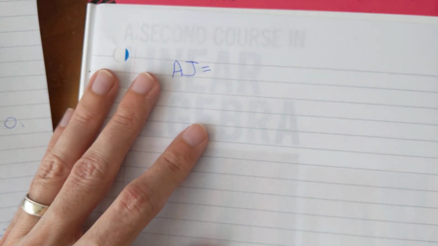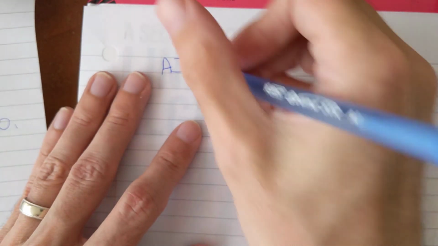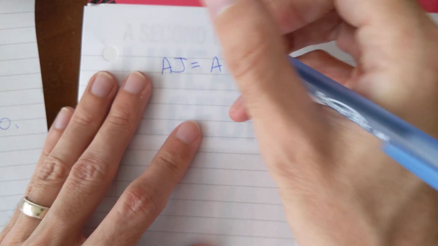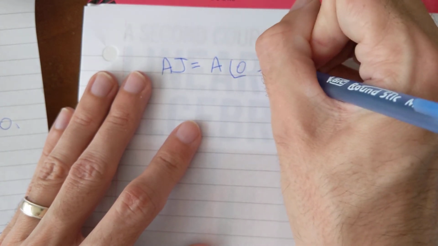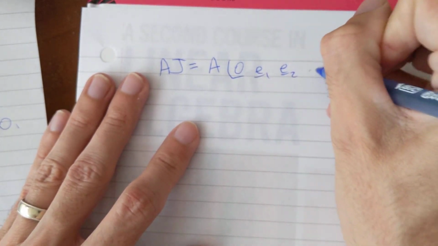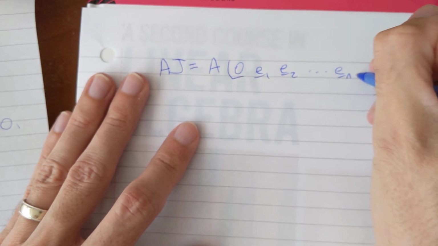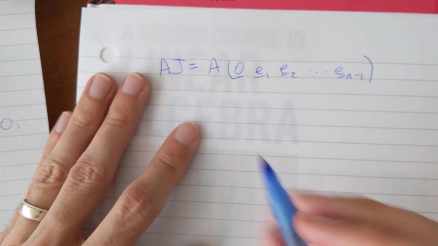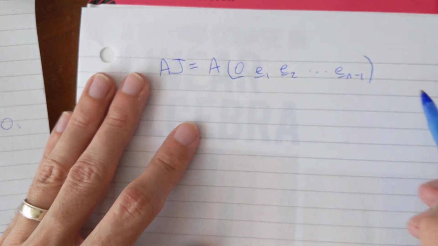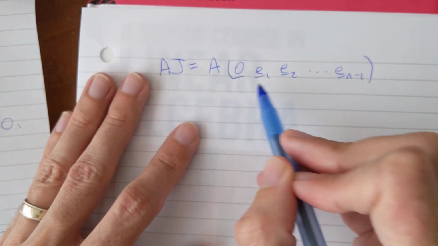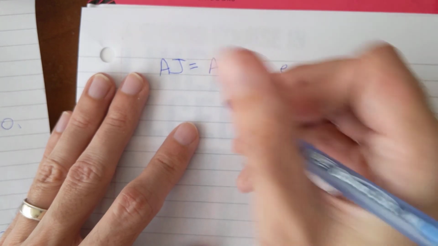I want to do the same kind of thing, except I want to write out J into its columns. So the columns of J are 0, E1, E2, up to En minus 1. Now we're thinking of multiplying A, in block matrix terms, as a 1 by 1 times a 1 by n.